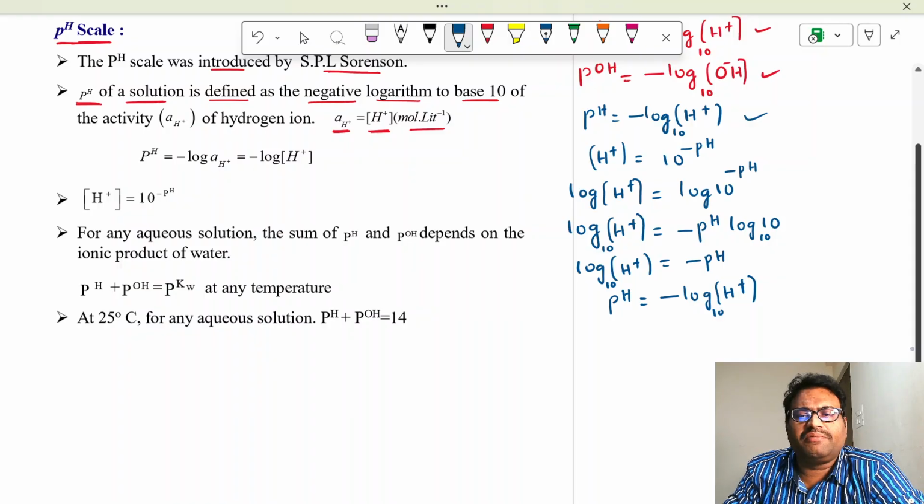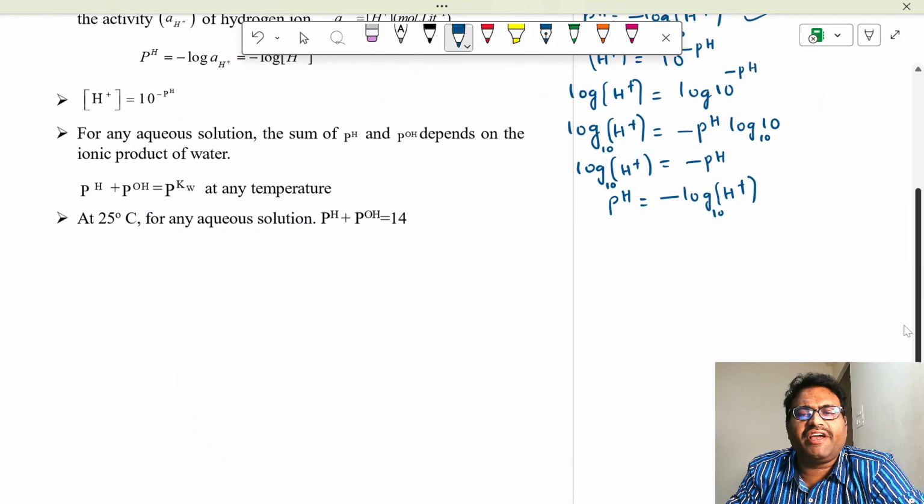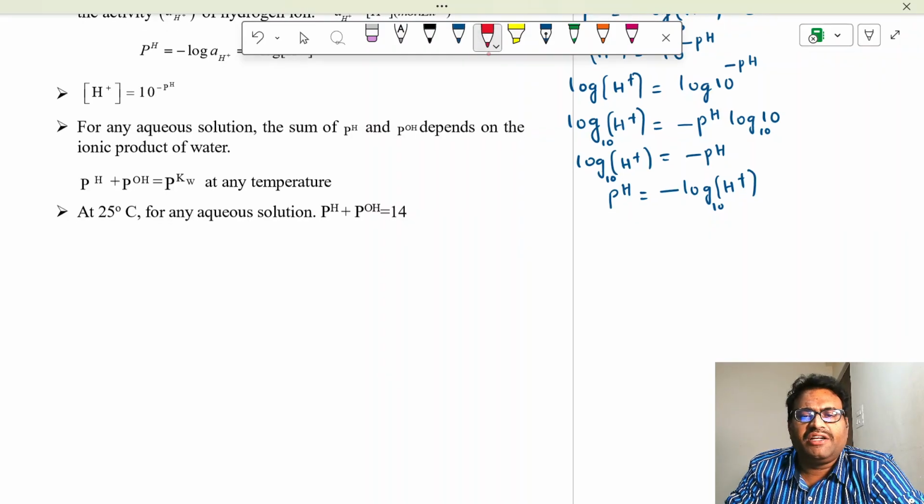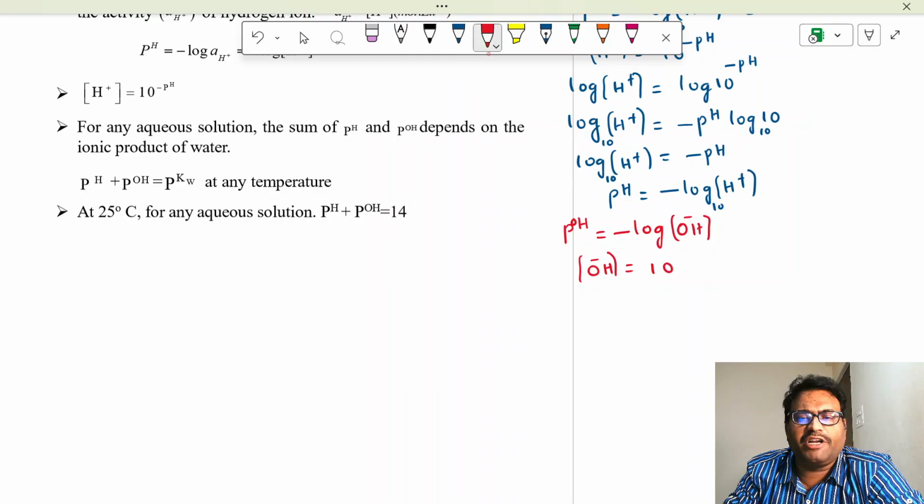In the same way, if pOH is equal to minus log OH minus ion concentration, then OH minus ion concentration will be 10 power minus pOH.